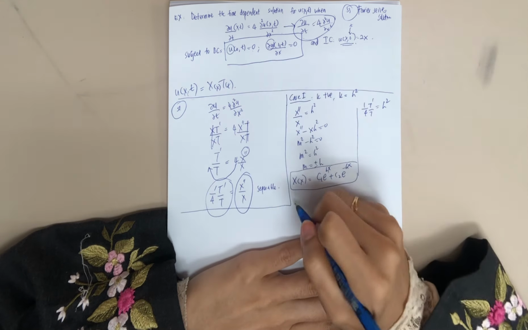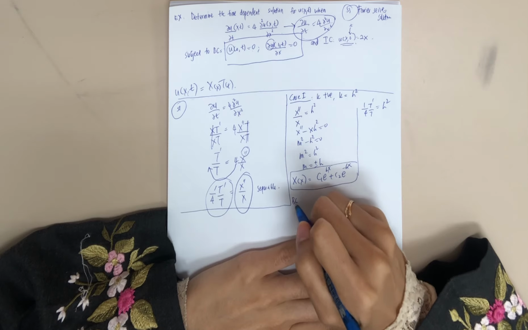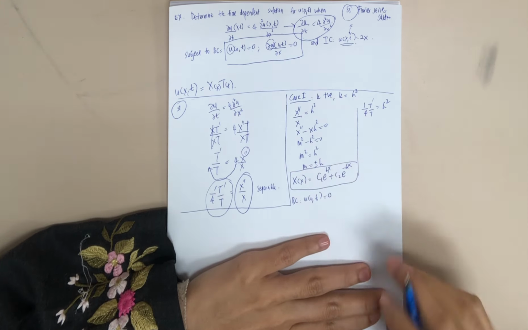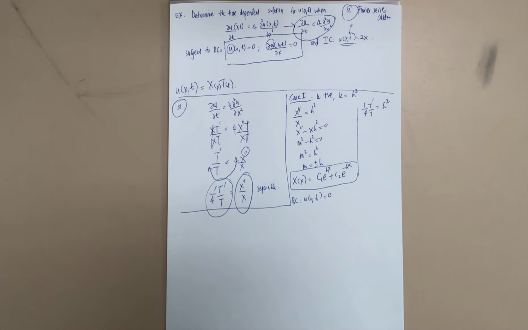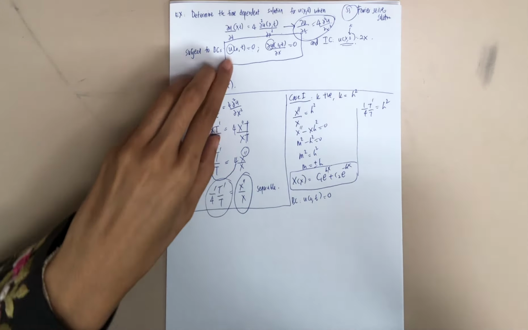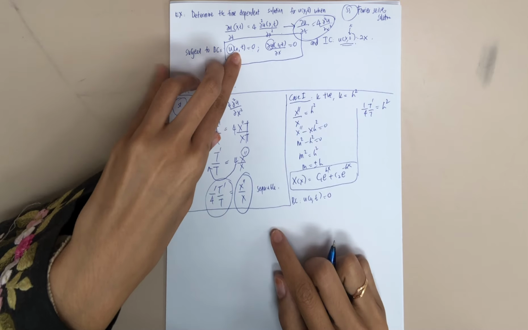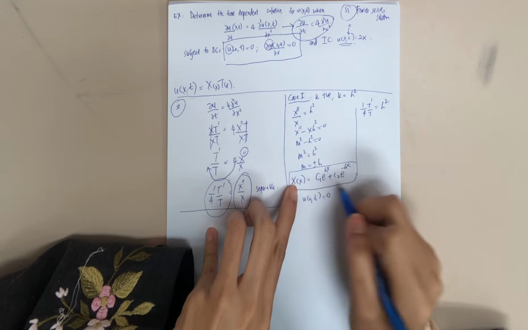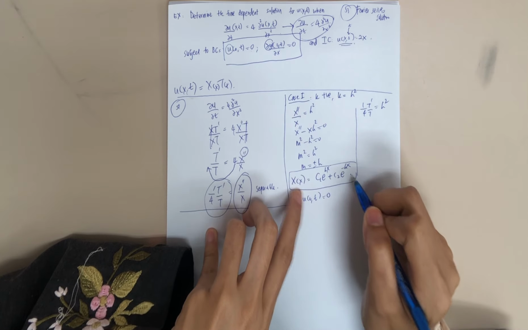So the first BC is u(0,t) equal to 0. That means your x is equal to 0, so you substitute x equal to 0 into this equation.